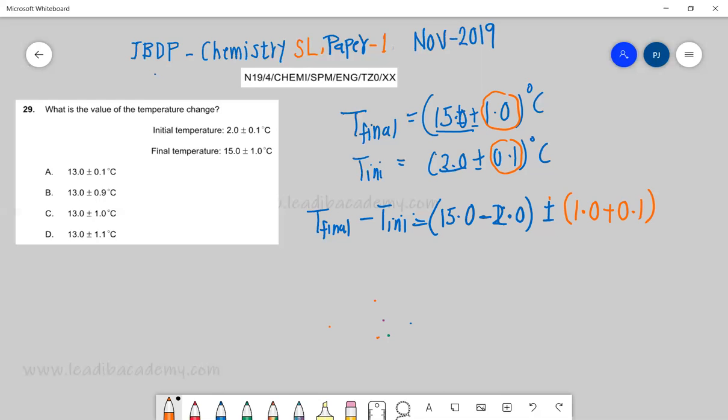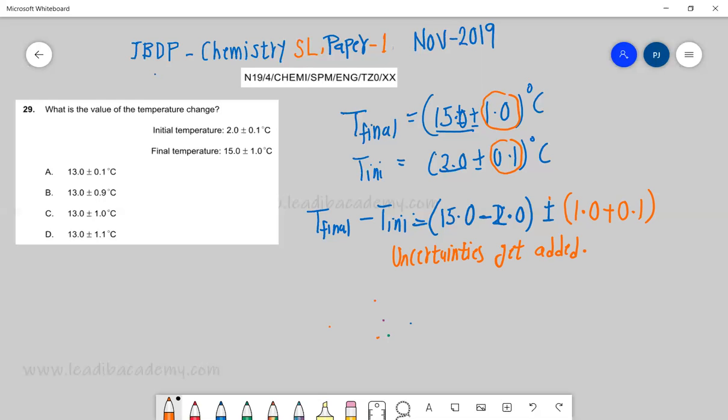Uncertainties get added when you take a difference; they are not subtracted, because that is an error, and errors get added irrespective of whatever you do.